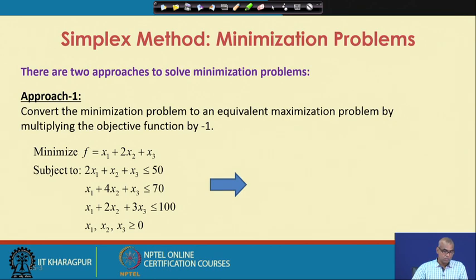All you have to do is to convert the minimization problem to an equivalent maximization problem by multiplying the objective function by -1, and then you treat it as maximization problem and follow the steps that we have demonstrated as of now.